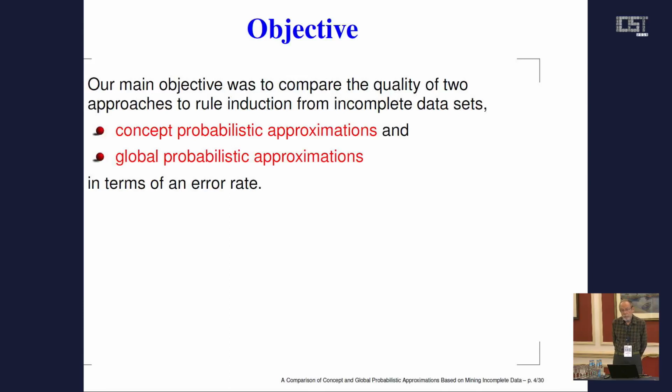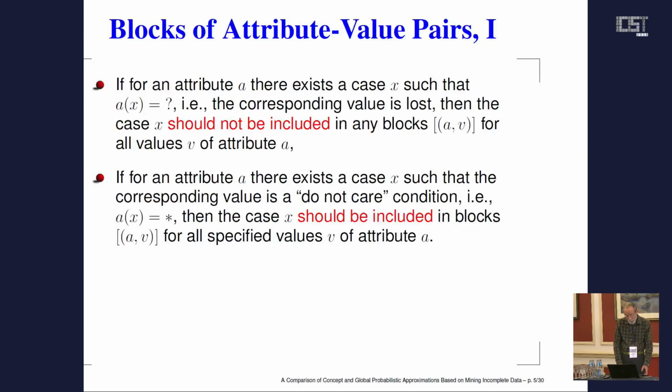Our main objective is to compare the quality of two approaches to rule induction. One is based on concept probabilistic approximations, and the second on global probabilistic approximations, in terms of error rate.